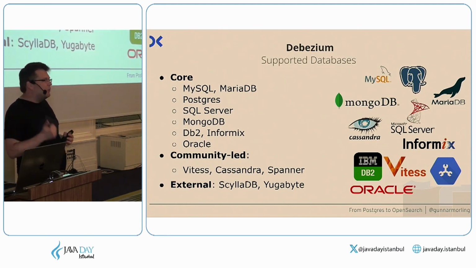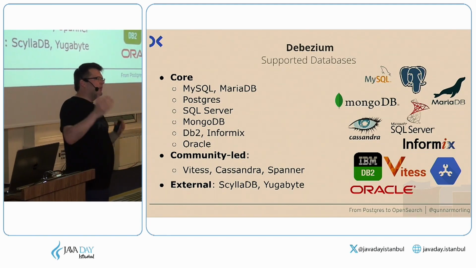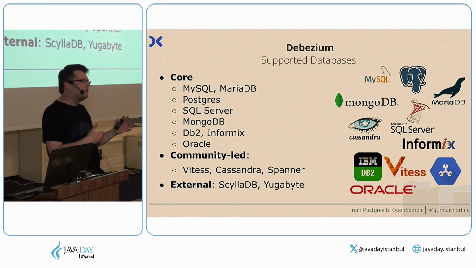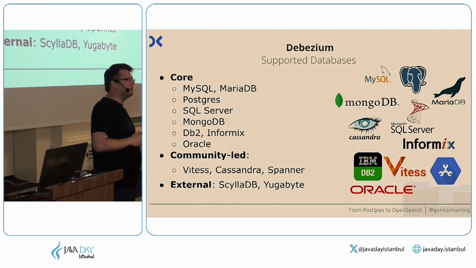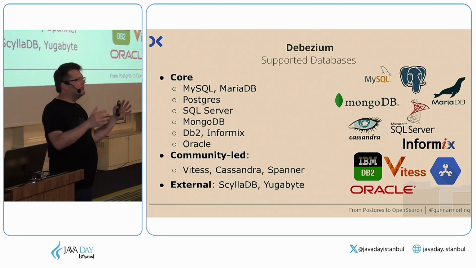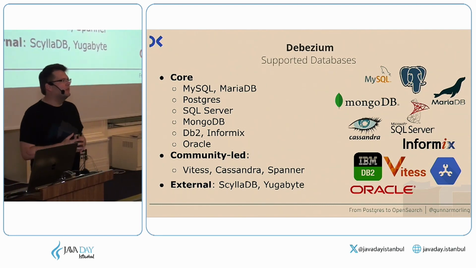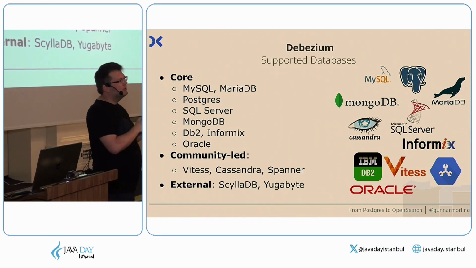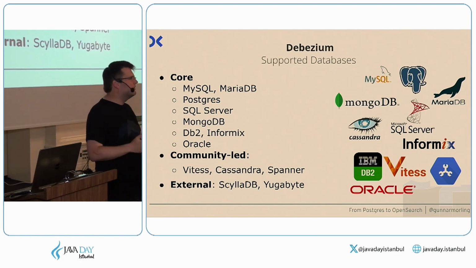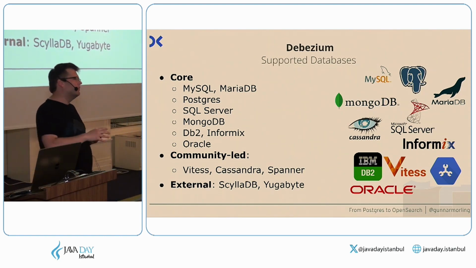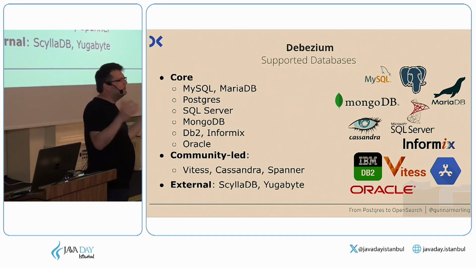Now, there's one challenge: all databases have a transaction log, but they all have different formats and different ways of accessing this transaction log. There's not one standard API like JDBC, which would allow you to implement log-based CDC for all kinds of databases. Instead, it's a different format, different mechanisms, different semantics for all of those databases. But the good news is you don't really have to be concerned too much about this, because the Debezium project deals with that.